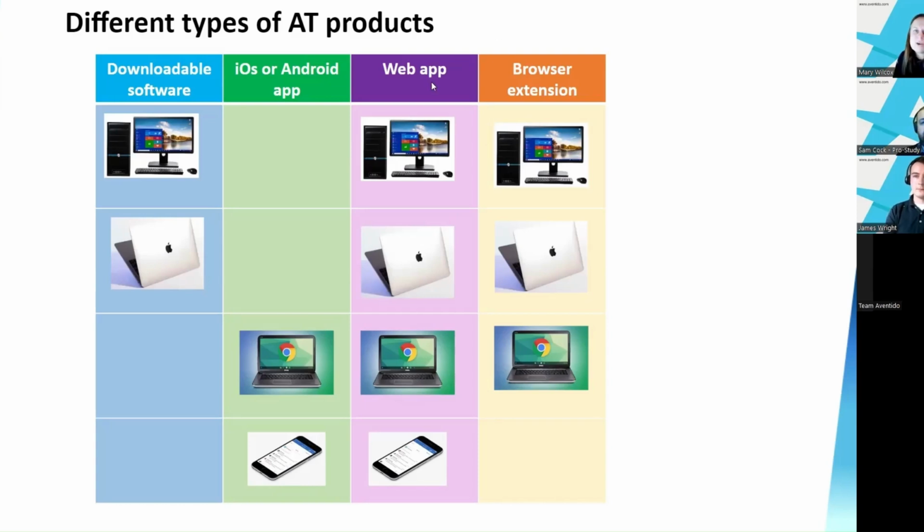Whereas we've got web apps. Now, web apps, as you can see on the chart, you can access on any device. So you can go on your Windows laptop, your MacBook, your Chromebook, or a tablet or phone and access web apps. A web app is a website where you log in to your account, and you've got all your assistive technology tools there.